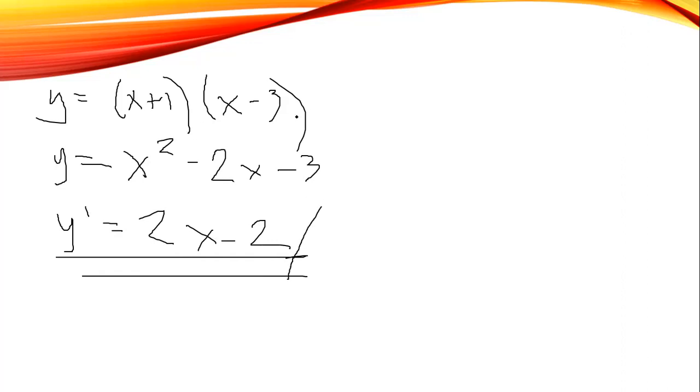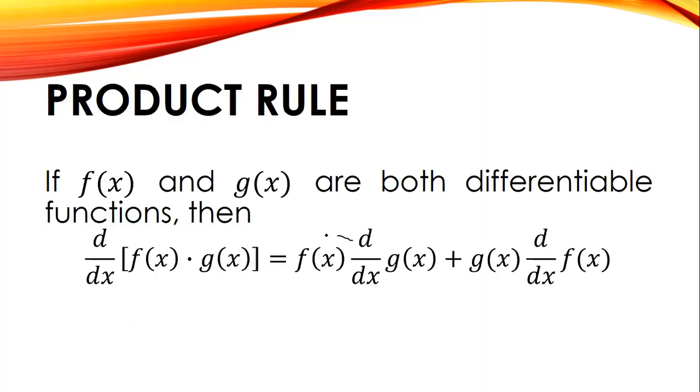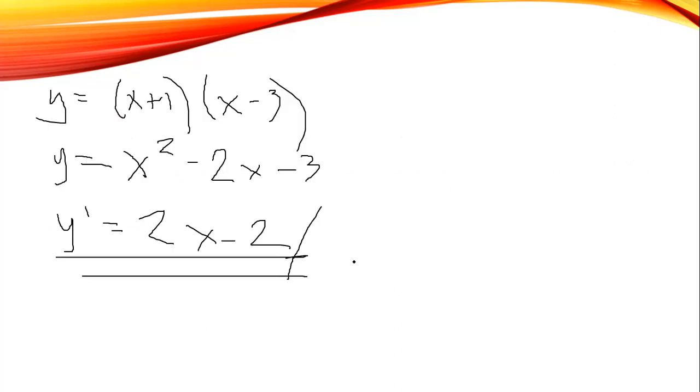But what if it is like this? Y equals x plus 7 raised to the third power, times x plus 1. Instead of expanding this, it is easier to solve the derivative using the product rule. Example, we have y is equal to the quantity x plus 7 cube multiplied by the quantity x plus 1. So y prime equals, from the product rule, copy first f of x or the first factor being multiplied.